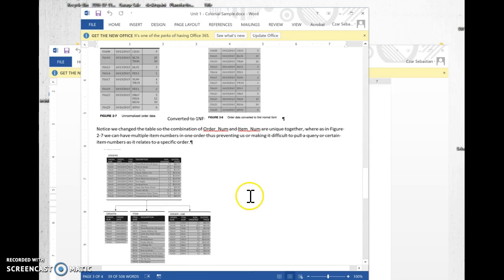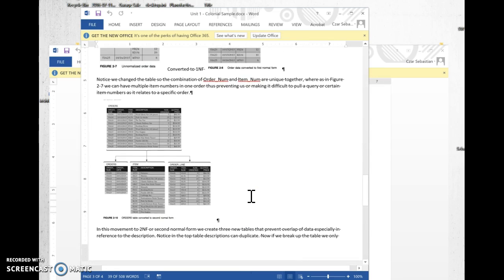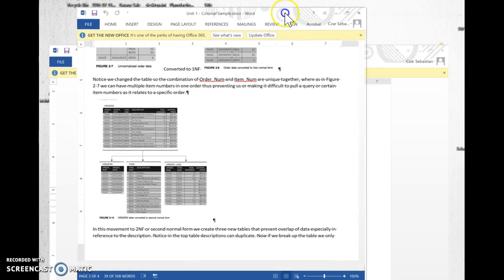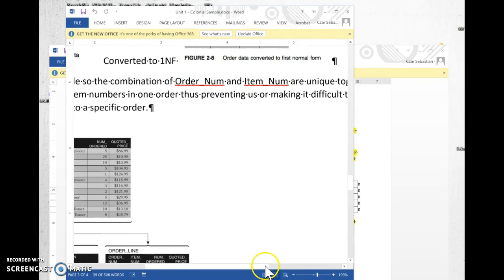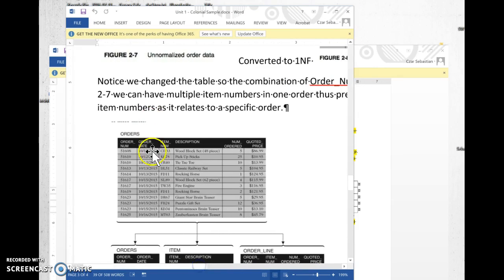And then what we have is our conversion to second normal form. In this particular example, and I'll get closer to it so you can see what I'm talking about, you've got an order number, an order date, an item number, and a description. Now, I've got one individual who's ordered item number CD33, and it's woodblock set.